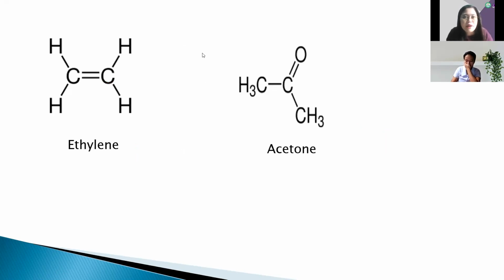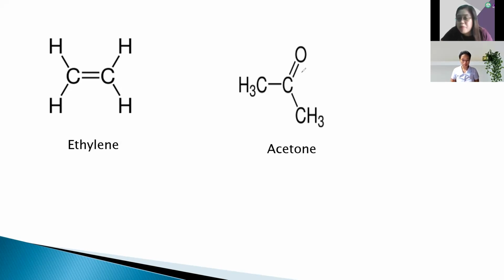Yun yung magiging explanation why double bond is also possible. So examples of compounds with double bonds are the ethylene. There is a double bond formed between 2 carbons. So we have here 2 pairs of electrons being shared by the 2 carbons. And also we have here the acetone. This time naman it's not between 2 carbons but instead between a carbon and an oxygen.